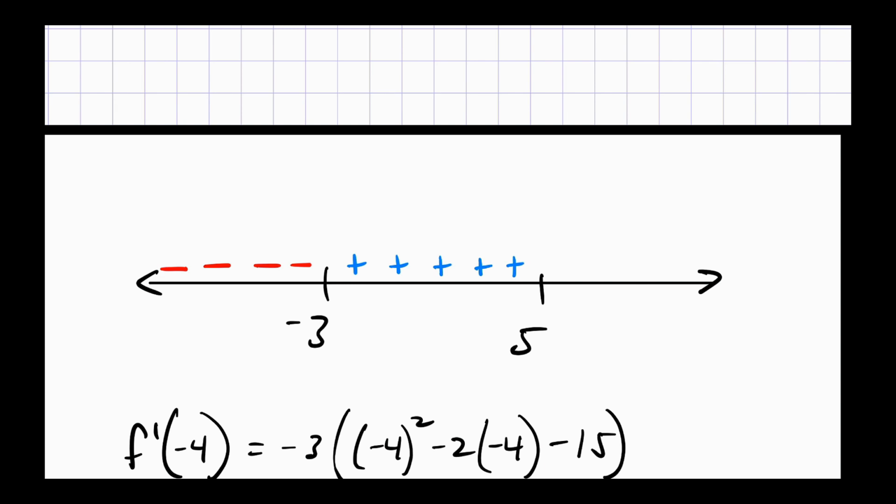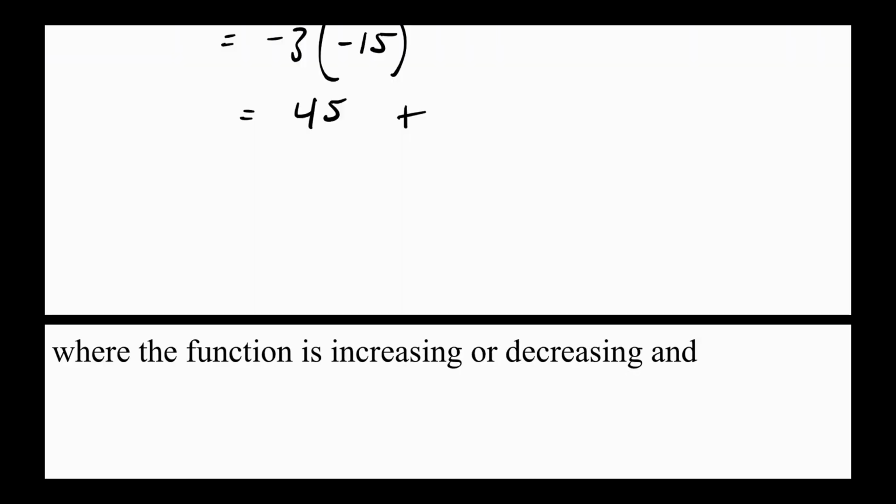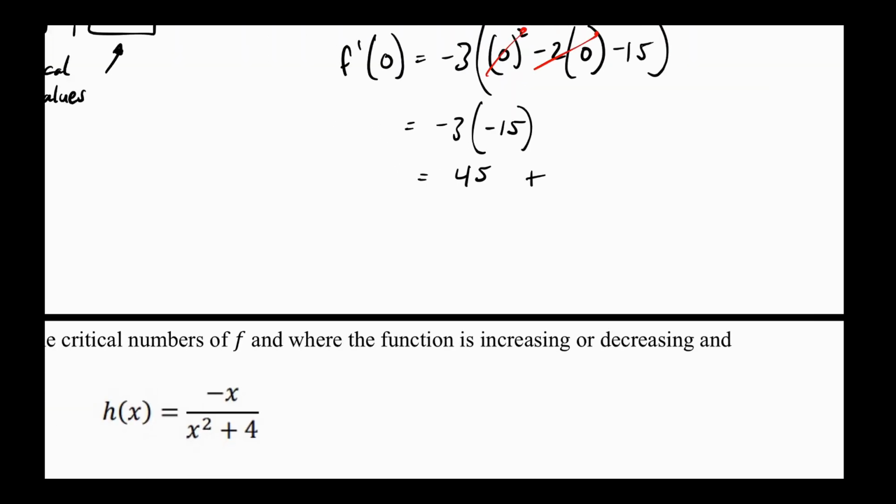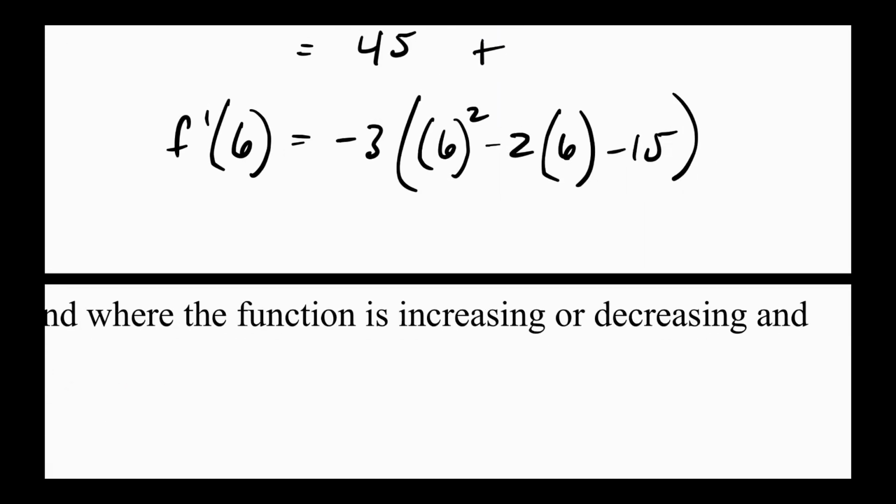The last one is after 5. Any number after 5, so I'll plug in 6. So negative 3 times 36 minus 12 minus 15.